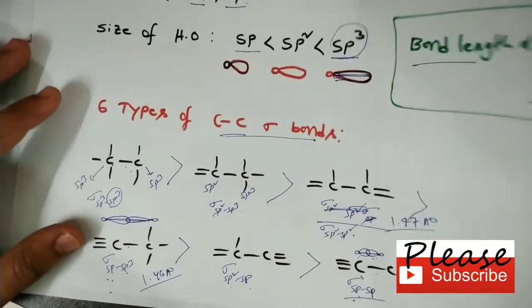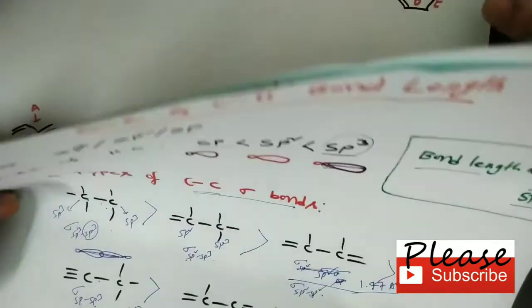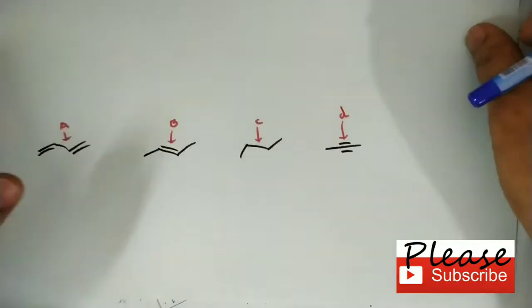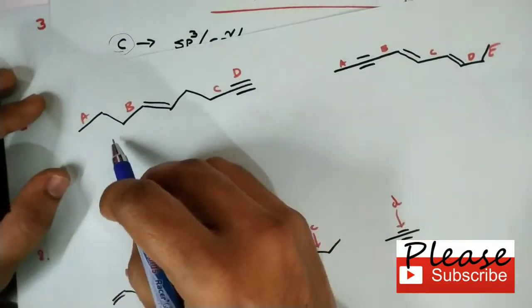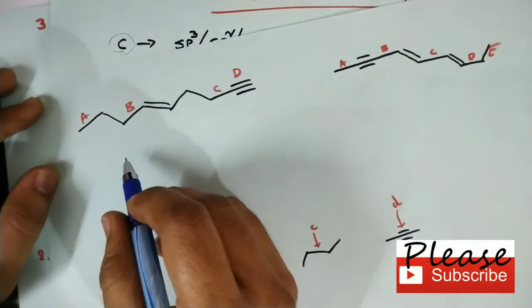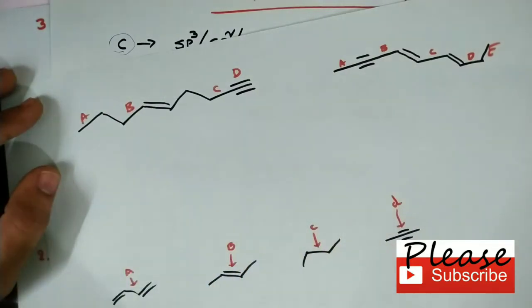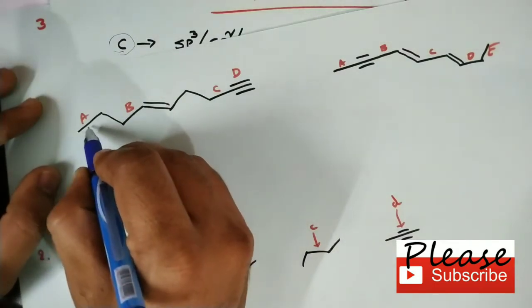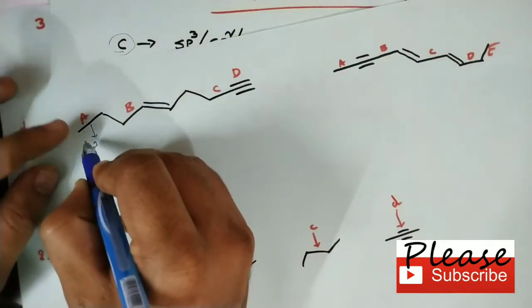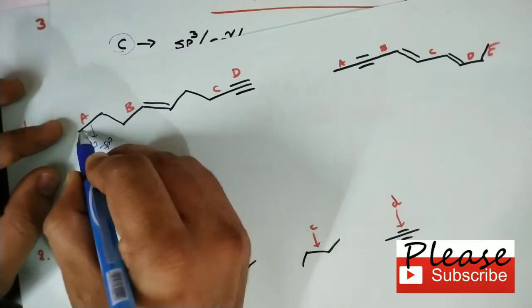Next, let us discuss one more example. In this case, what is the bond length order? These are A, B, C, D. We have to arrange A, B, C, D in decreasing or increasing order. Here this is an sp3 carbon and this is an sp3 carbon.